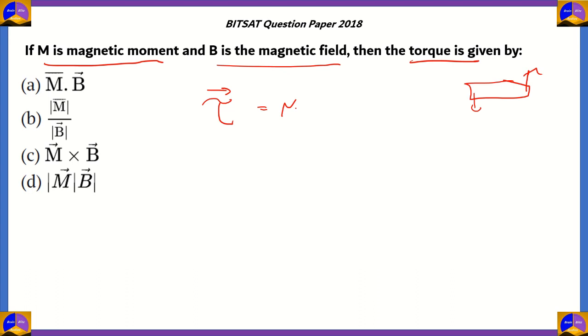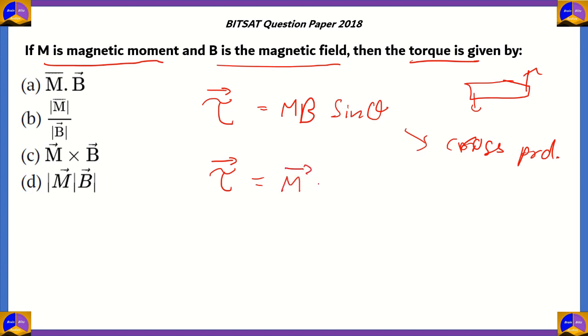So it is always represented as MB sin θ. If a product has sin θ, then it is a cross product. So the torque expressed by this object is given as M cross B.